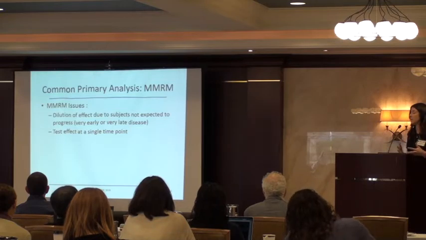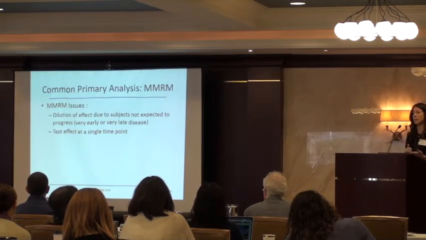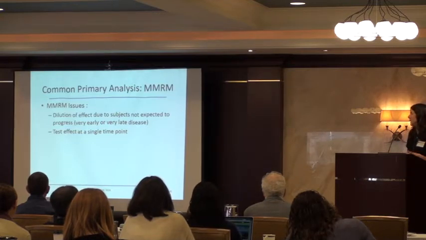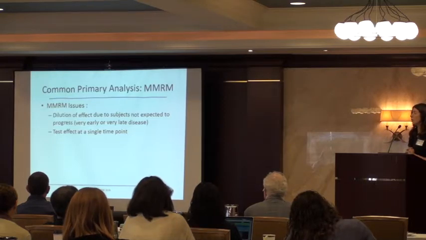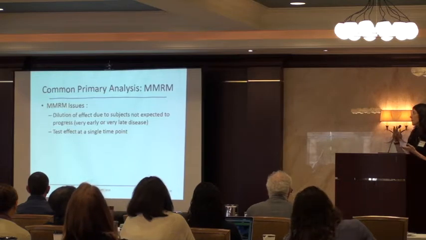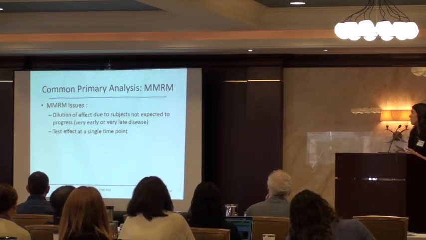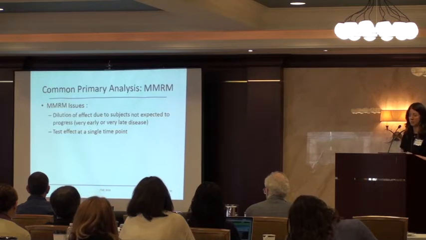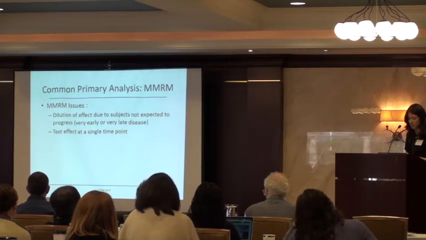You can't limit your sample size in a rare disease that way. So you'll be enrolling the whole population, and many of these, based on just the timing and their disease stage, are not expected to progress over the course of the disease. So there's no hope that you'll see a change from baseline between treatment and control. So you see this dilution of effect due to the people who aren't expected to progress.